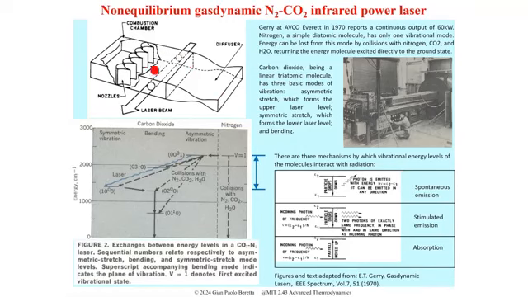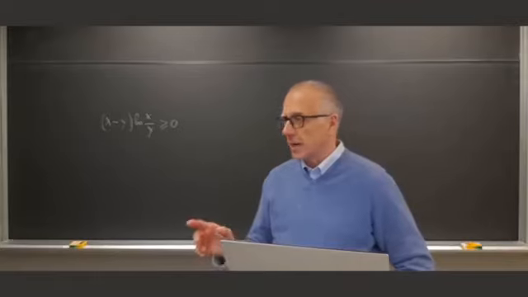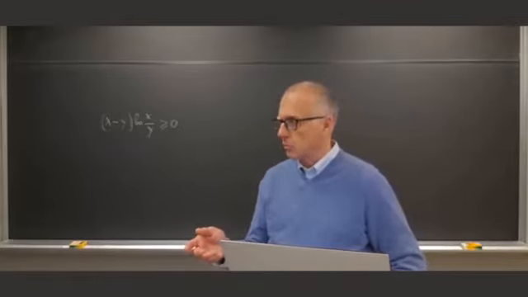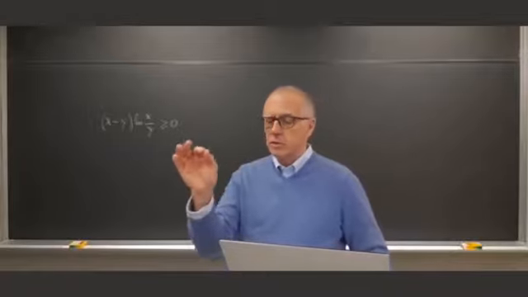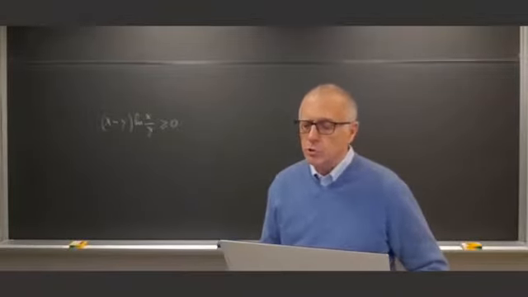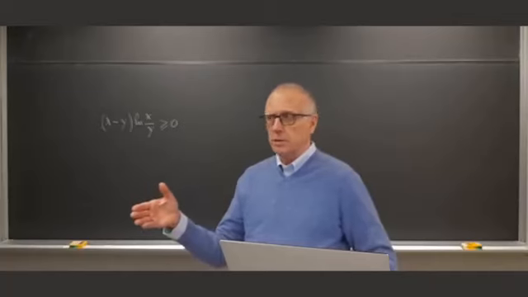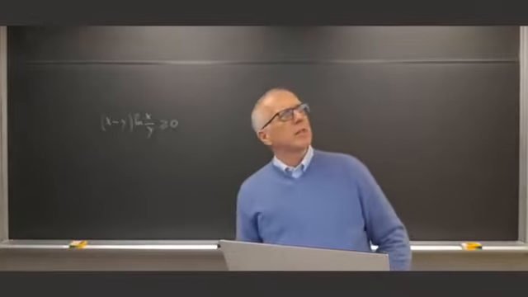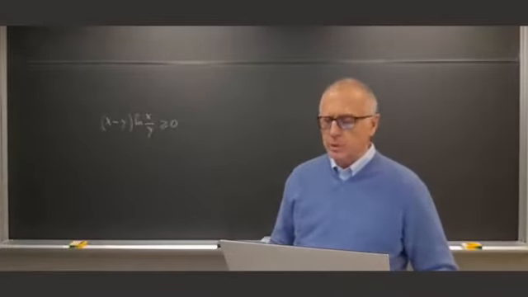But with this one, and we're talking about the 1970s, the output was a continuous output of light of 60 kilowatts, which is a huge amount of power, the kind of light with which you can do laser cutting of metals. Okay, and this is all due to the fact that you managed to establish a degree of disequilibrium. And I think I would stop here for today.